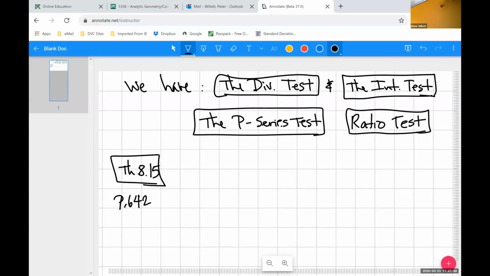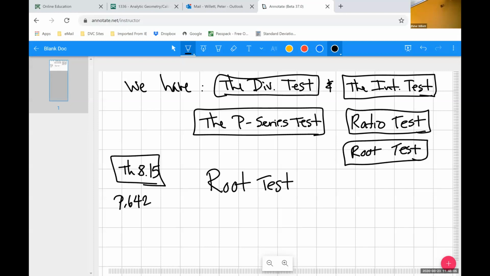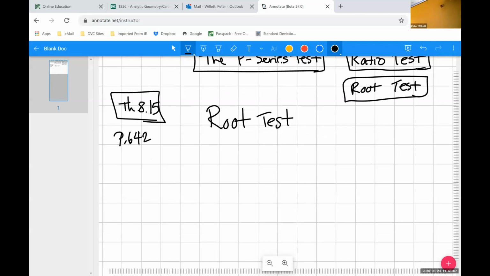And this is called the root test. So the root test has us do something similar to what we were just looking at. Let the infinite series of a sub k's have non-negative terms.